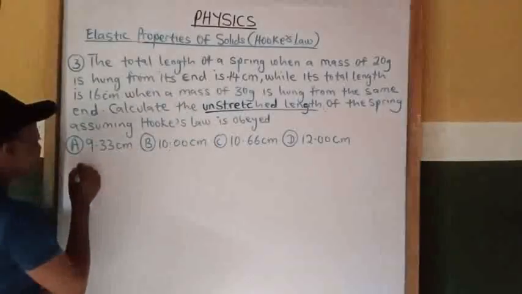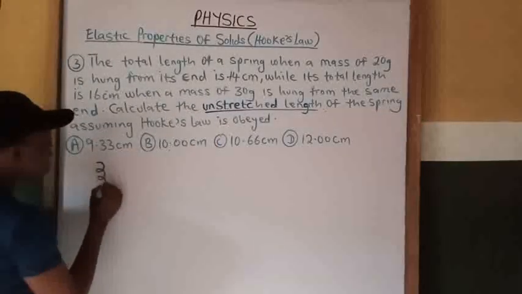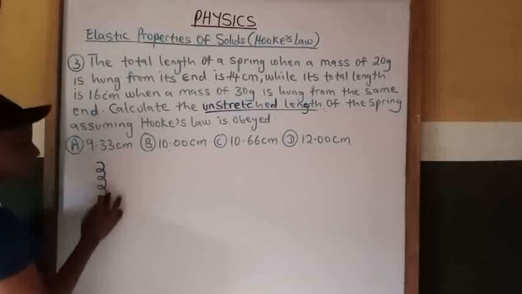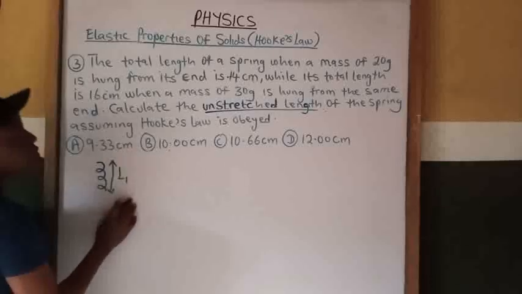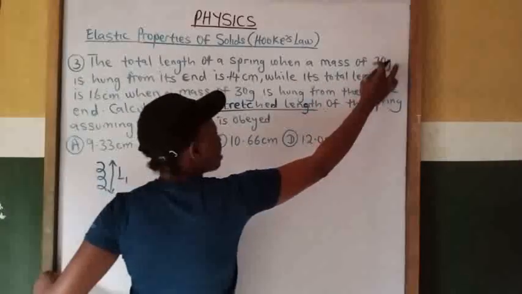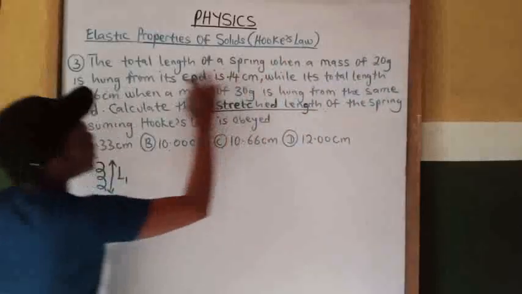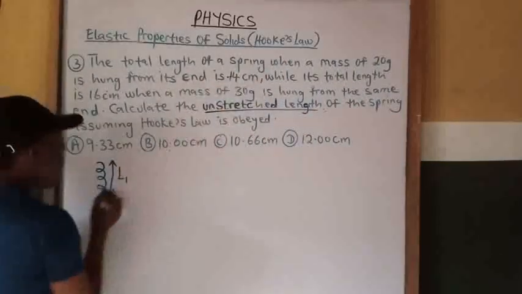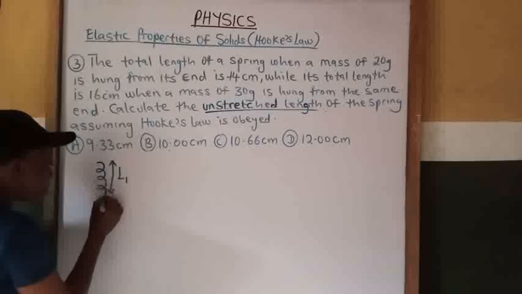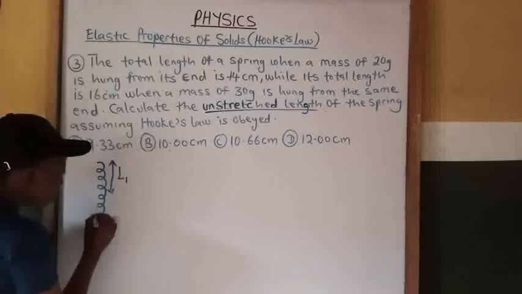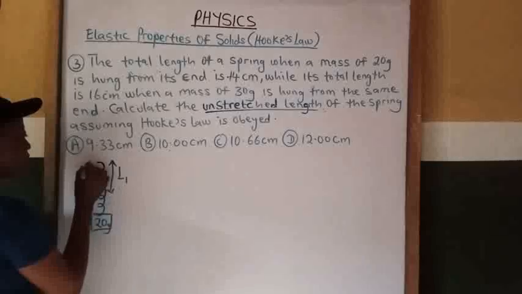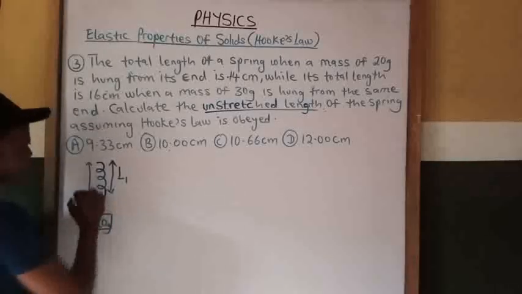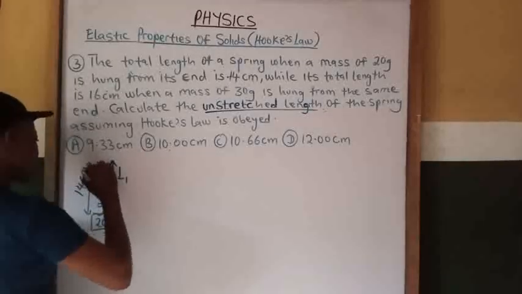So let's assume that this is the original spring, but we don't know its length. Let's call the length of the original spring L1. When a mass of 20 grams was hung on it, the length increased to 14 centimeters, so the total length now is 14 centimeters.